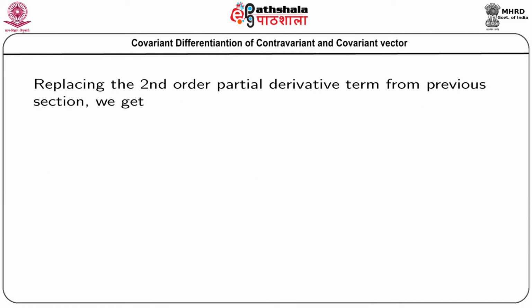On solving, we get ∂a^k/∂x^j equals minus Γ^k_uv ∂x^u/∂x̄^i ā^i δ^v_j plus ∂x^k/∂x̄^i [∂ā^i/∂x̄^n plus Γ̄^i_sn ā^s] ∂x̄^n/∂x̄^j ∂x^k/∂x̄^s ā^i.